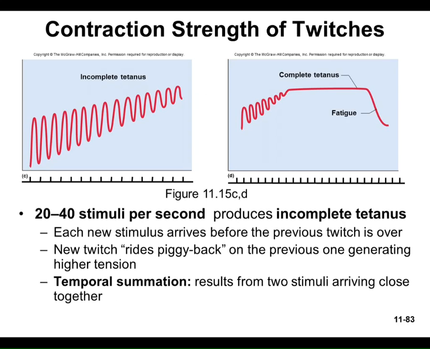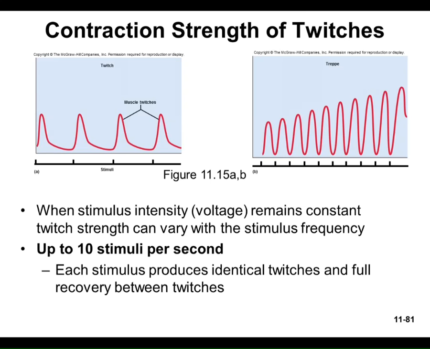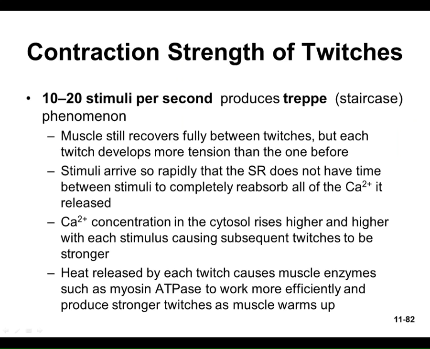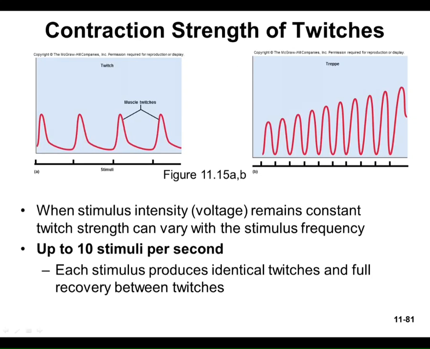Now, what if you are twitching a muscle now 20 to 40 times per second? Now we get to what's called incomplete tetanus. Each stimulus is coming before the previous twitch is even over, and now, notice back here, going back to the previous slide, see how they all come back to the bottom? They're all recovering back to the bottom, aren't they?